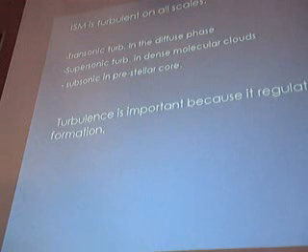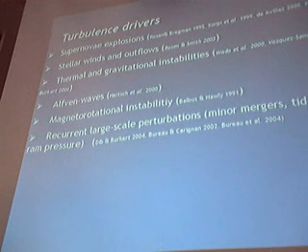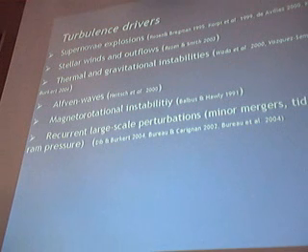So one has to look out in the interstellar medium and try to understand the role of different turbulence drivers. As you can see, there is no shortage of turbulence drivers.